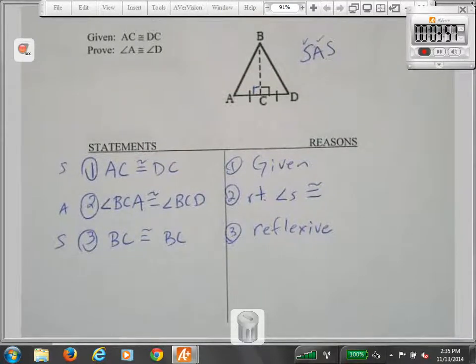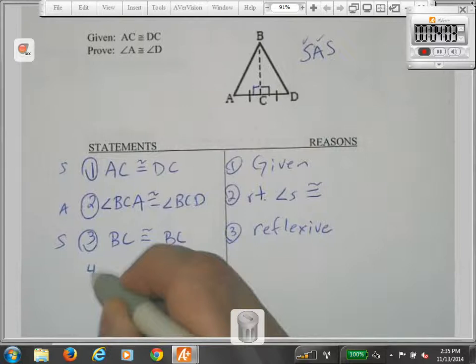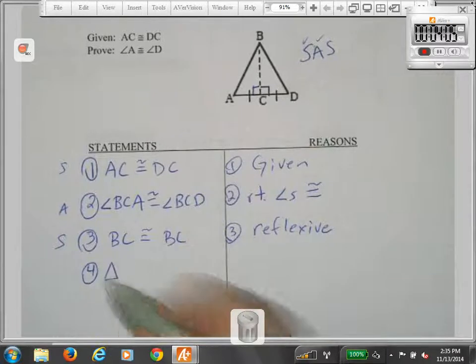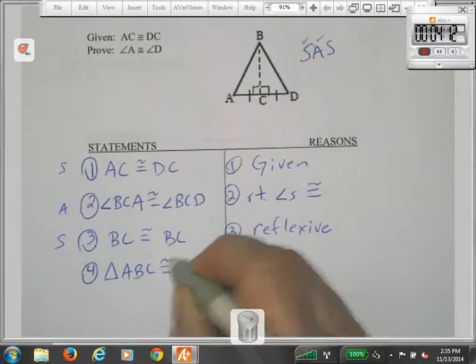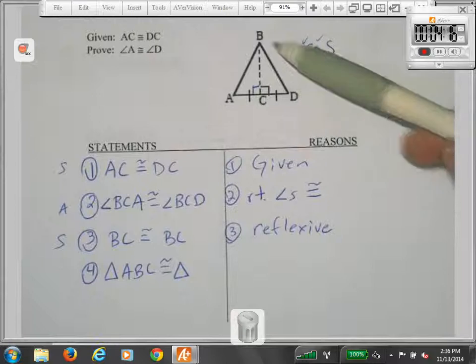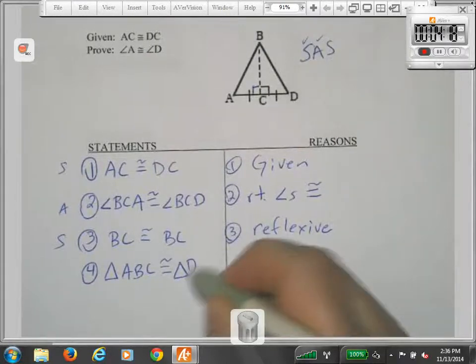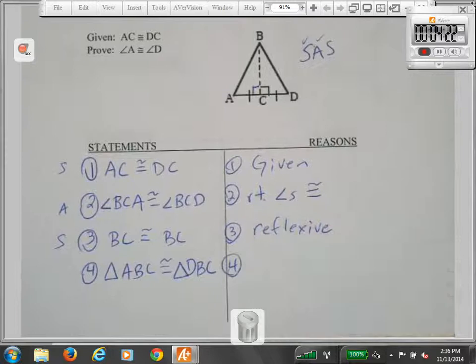So there we go. We've got our side angle side proven. Now we can say which two triangles are congruent. So we're going to say triangle, don't forget the symbols, ABC is congruent to triangle DBC. Now the order that you write them in is very important. Our reason is side angle side.